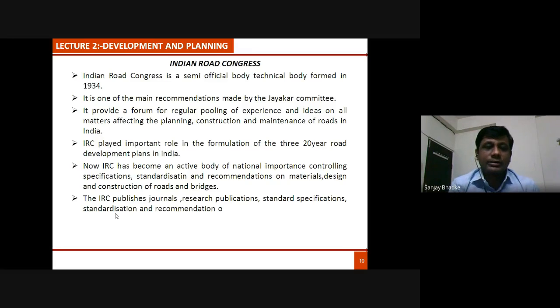If you want to design some part of the road, or if you want to add some new technology related to construction of the road, Indian Roads Congress will help us. Many engineers take the various guidelines of the Indian Roads Congress for the construction of roads.